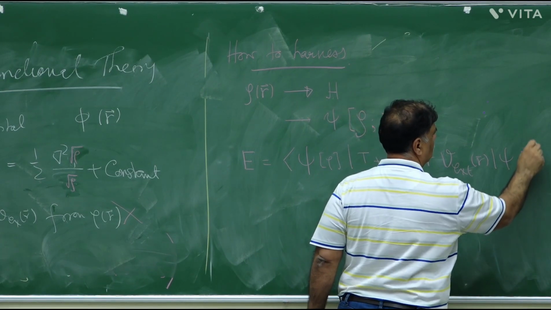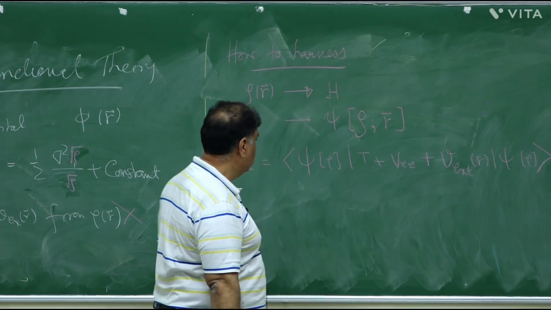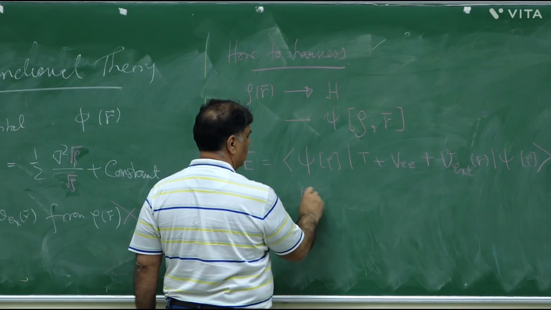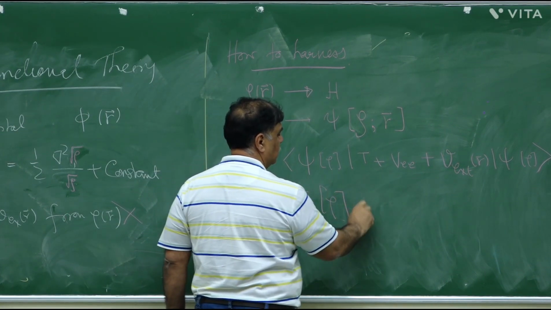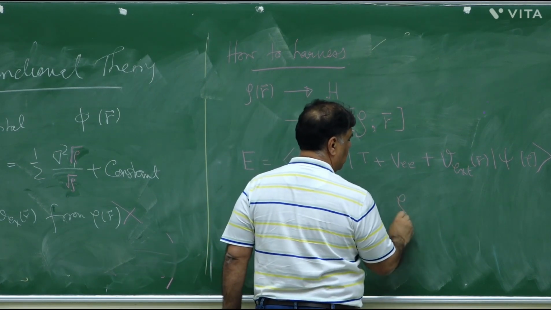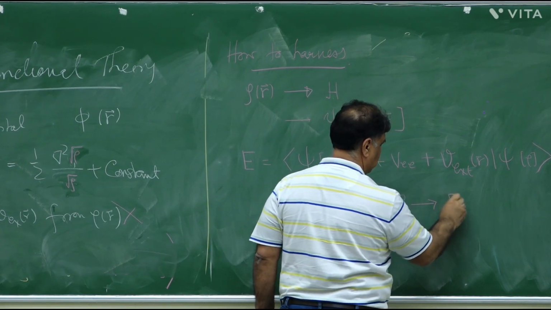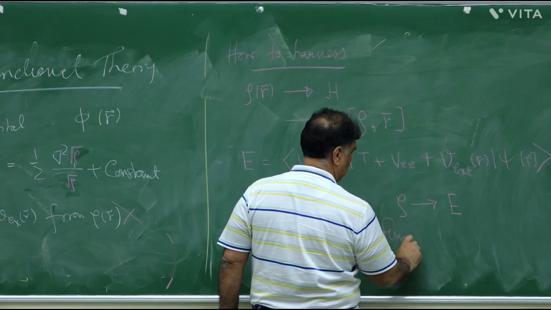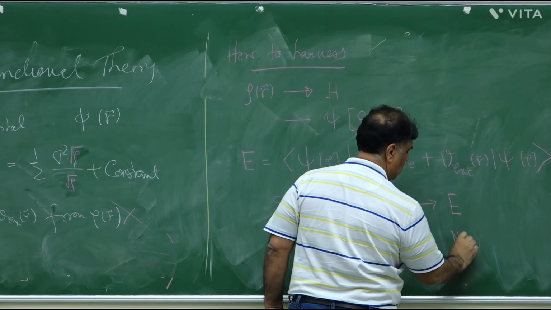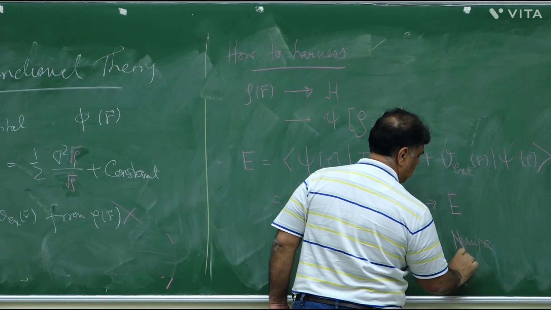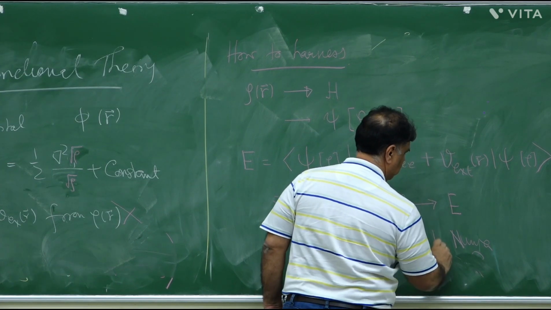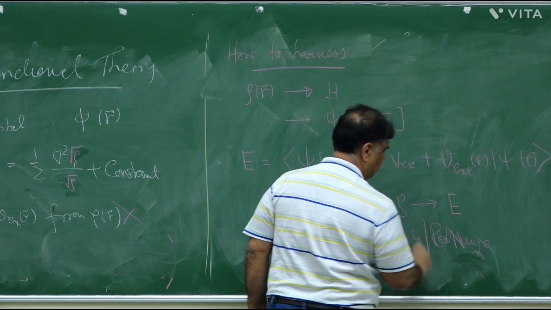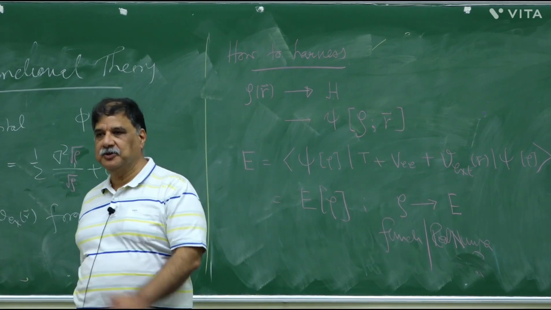Psi rho is a functional of the density. That means from a rho, there is a map to a number, in the reals. So that map is known as a functional.